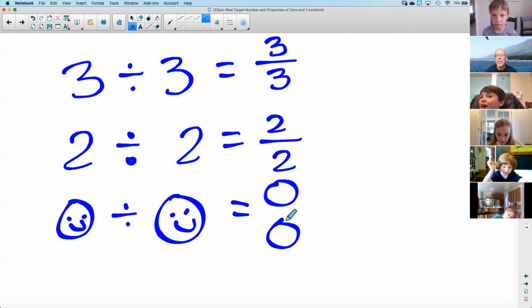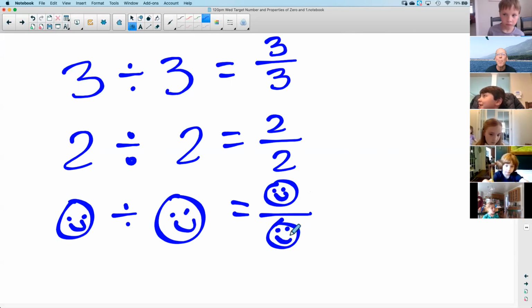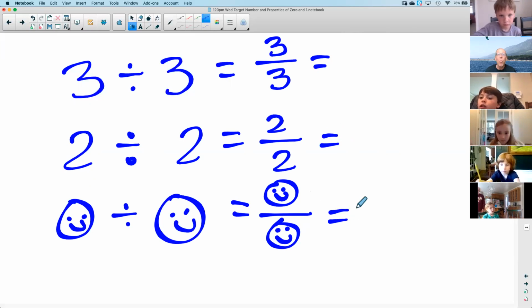And who can tell me what you get when you take anything and divide it by itself? Everybody say it on 3. 1, 2, 3, go. Come on, what do you think it is? The same number? The same thing.